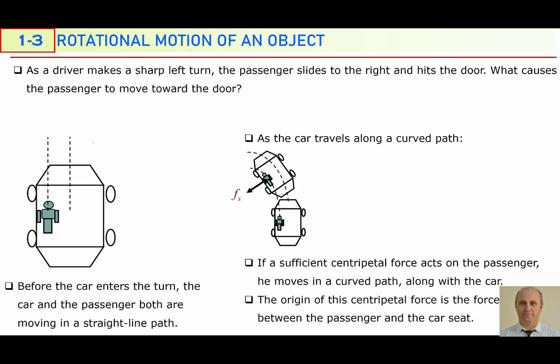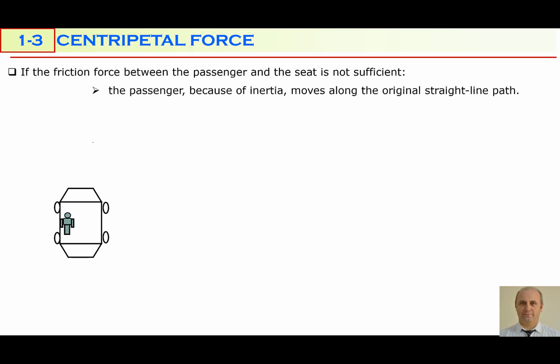But if the car makes a very sharp left turn, just like this, in this case the static friction force between the passenger's body and the car seat will not be enough to keep the passenger on the circular path. That's why the passenger will follow, because of inertia, a straight line path.